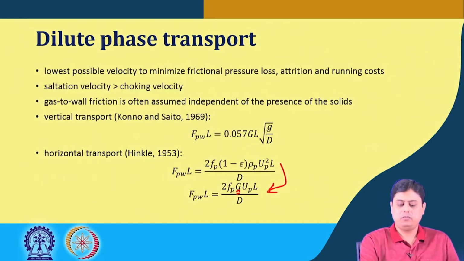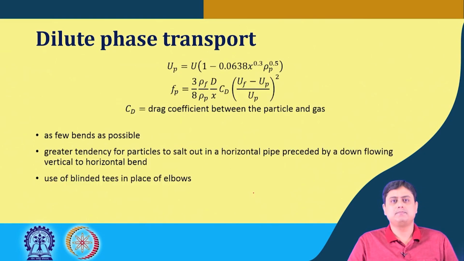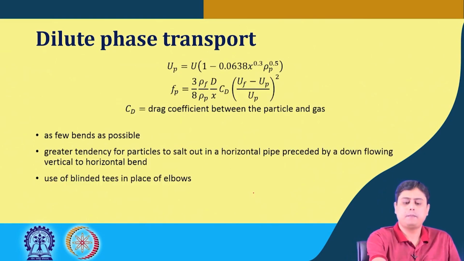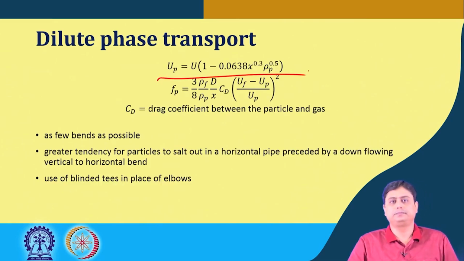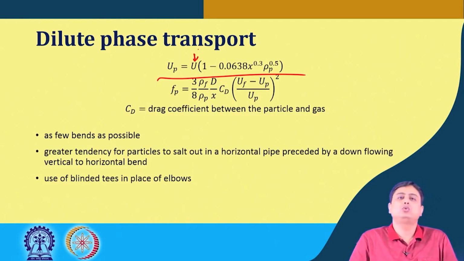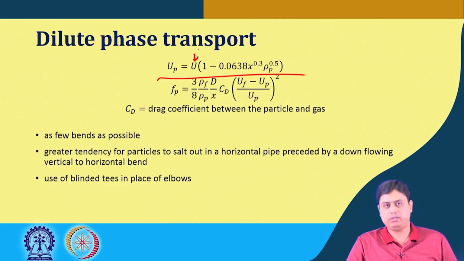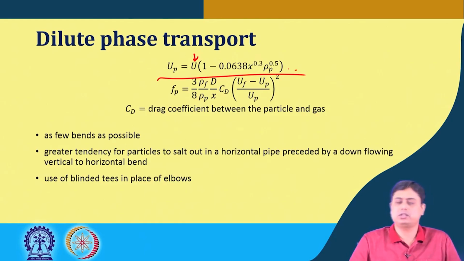Now, here this UP has to be calculated, and that also comes from this correlation, where again, if you remember, we mentioned that U is the superficial velocity, UP is the particle velocity, the actual velocity, because these are difficult to determine. We can easily determine the superficial velocity, but not the actual velocities.